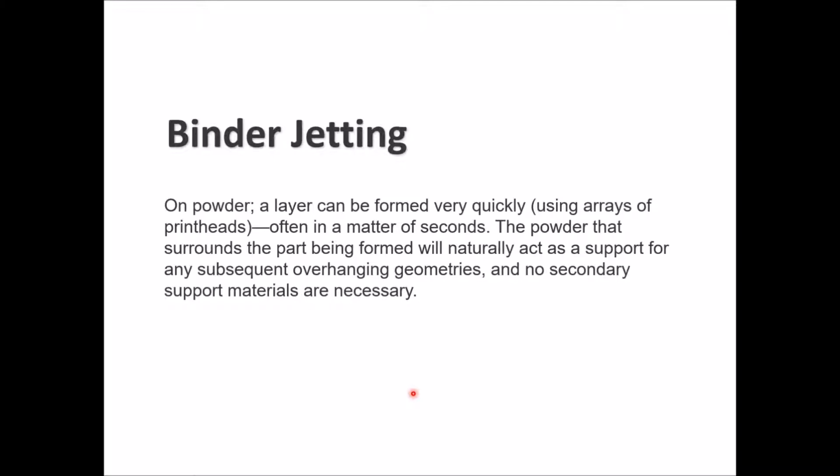Having the powder, the layer can be formed quickly using a raster of print heads, which can be done basically in seconds. Then the powder that surrounds the part supports any subsequent overhanging geometries. So no secondary supporting materials need to be designed or applied during the process.